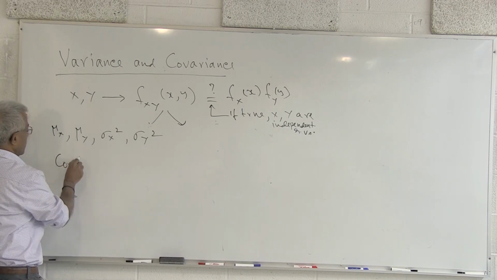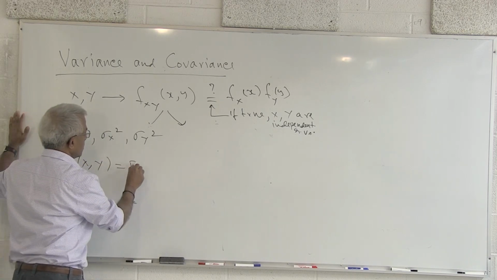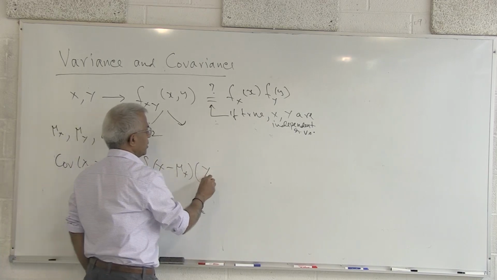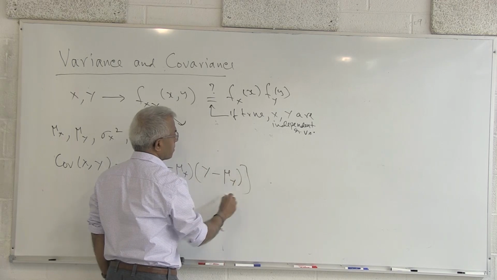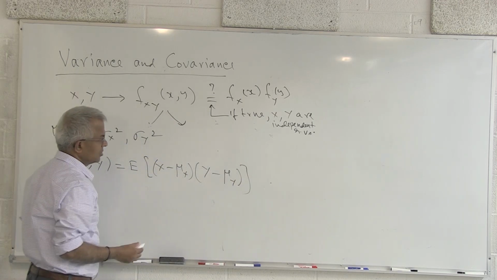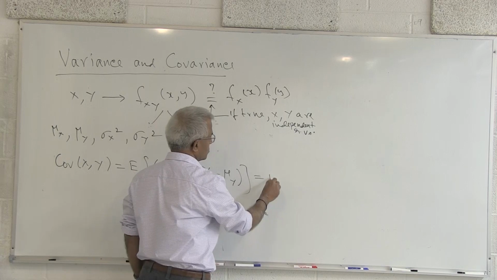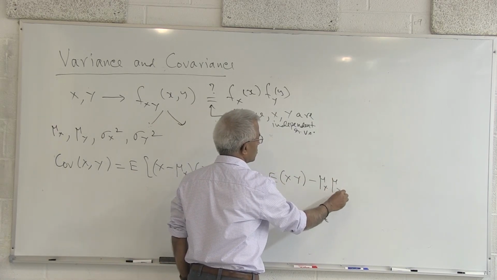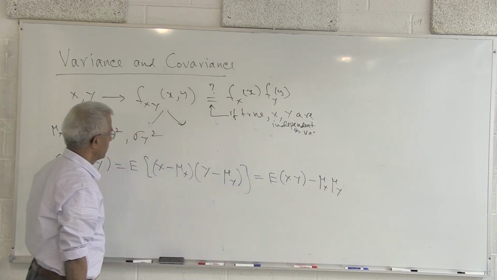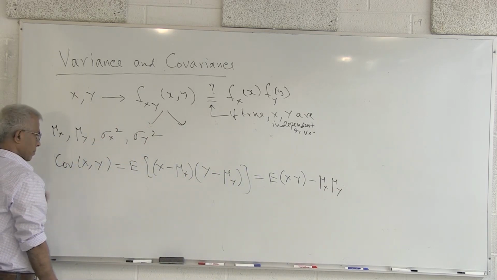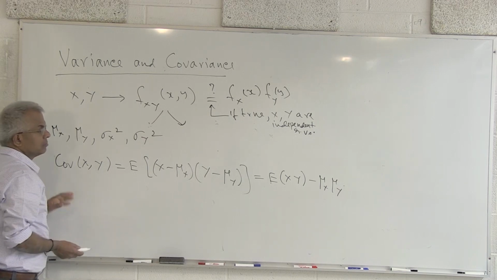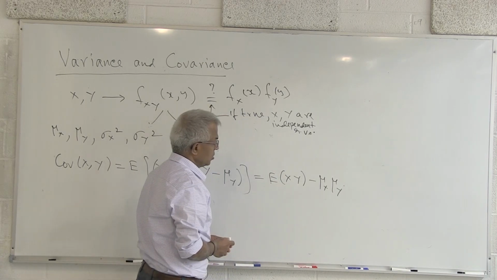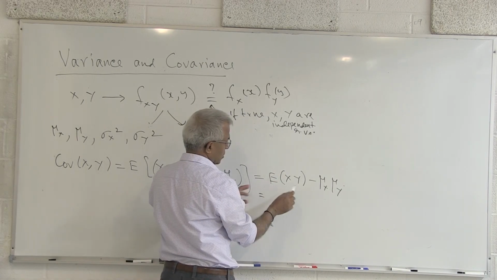So covariance between x and y is defined as expected value of x minus mu x multiplied by y minus mu y. If you expand this, there will be 4 terms, and this will turn out to be expected value of xy minus mu x mu y. And so this term is the joint description.